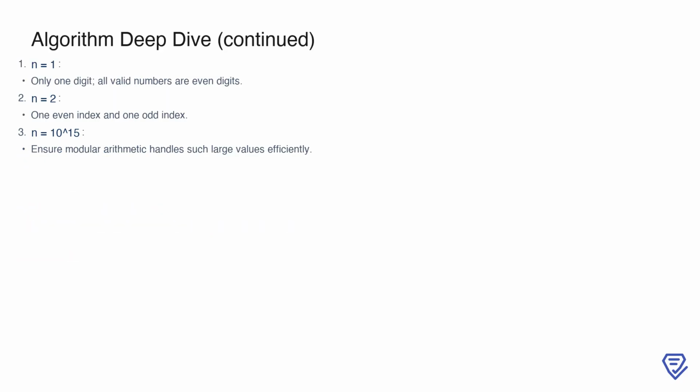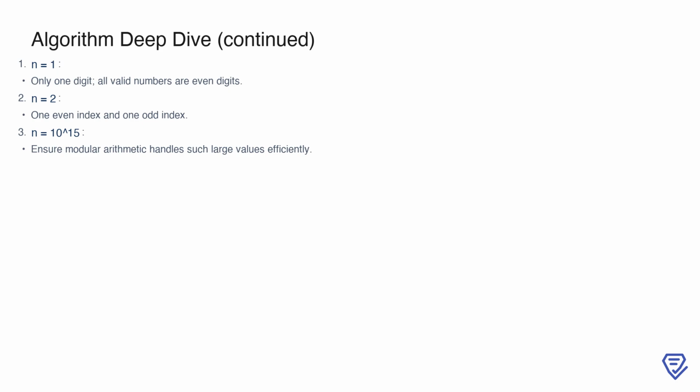The algorithm is highly efficient, with a time complexity of log n, due to the modular exponentiation for both even and odd contributions. The space complexity is O(1), as the solution does not require additional data structures beyond a few variables. To handle edge cases, consider when n is 1. In this case, there is only one index, and the result is simply the count of even digits, which is 5.